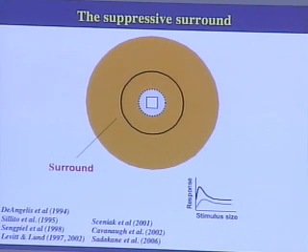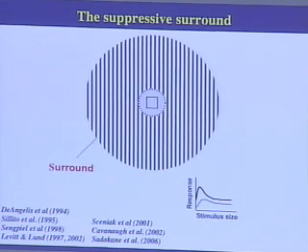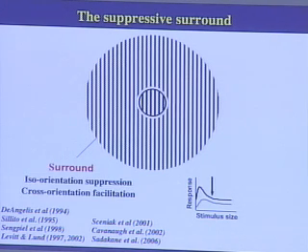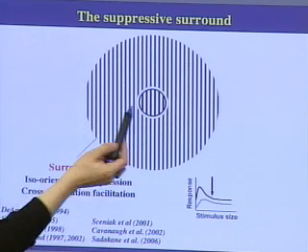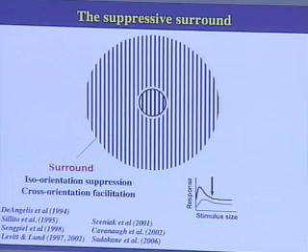In these studies, placement of large grating stimuli such as this in the surround has been shown to have predominantly suppressive effects on iso-oriented gratings in the receptive field center. So this is iso-orientation suppression, that is, the stimulus in the receptive field center and in the surround are at the same orientation. And this is regardless of whether the center stimulus is presented at high contrast or low contrast.